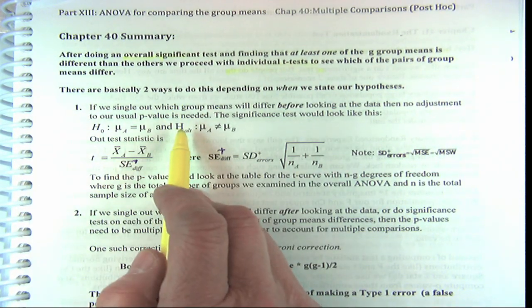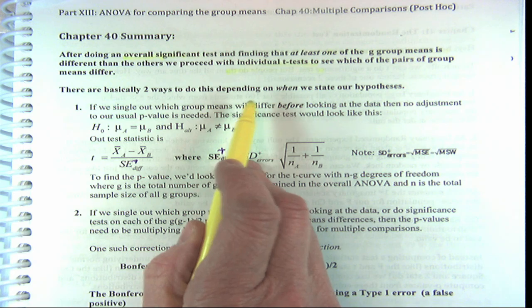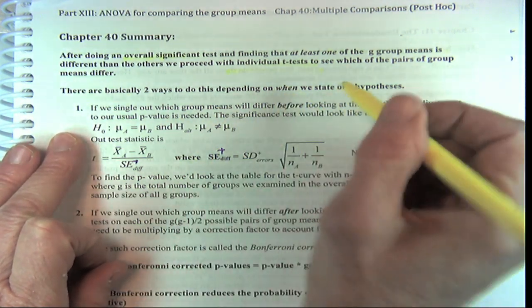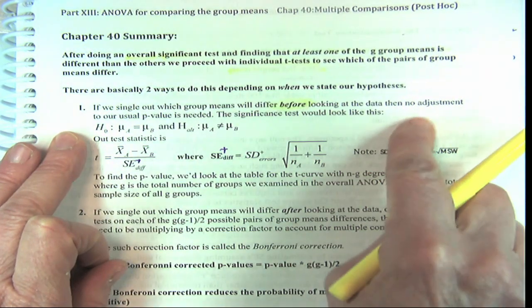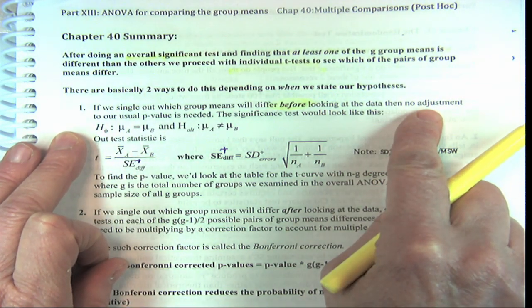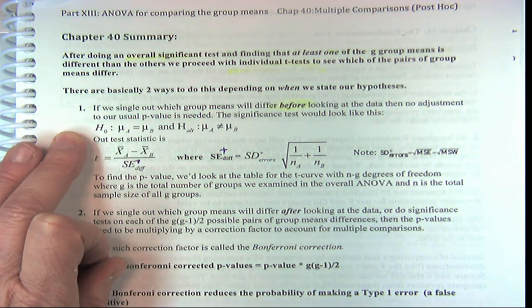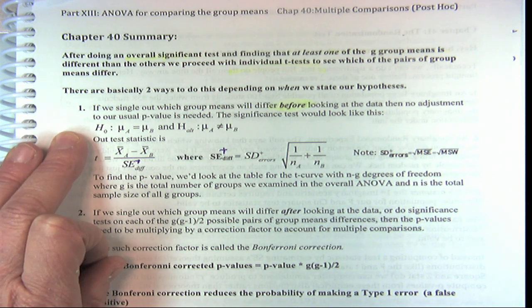So now there's two ways to do this. If we single out which group mean will differ before looking at the data, then you don't have to use any kind of correction, because we're saying ahead of time we're singling out one test. We're not going to do multiple tests. We're saying we think it's going to be this one ahead of time.